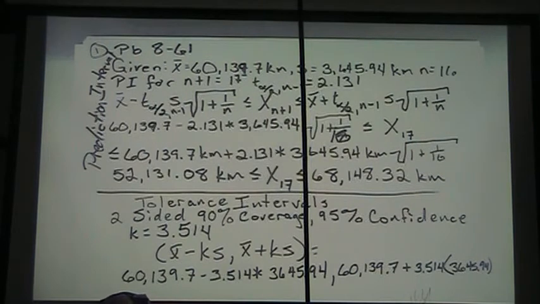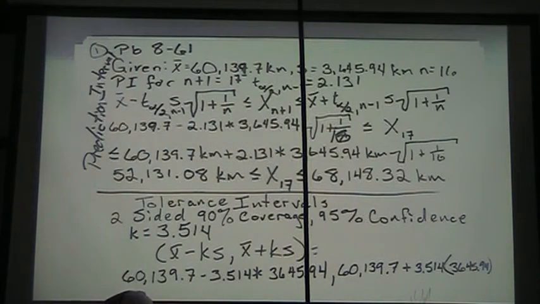So, once again, all I'm going to do is come over, use Excel, equals 60,139.7 minus 3.514 times 3,645.94. And then I'll do the upper calculation.